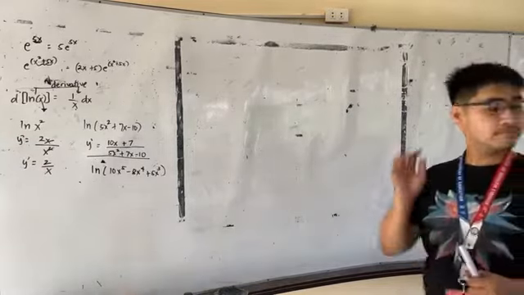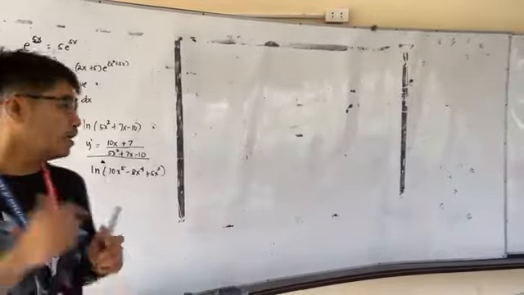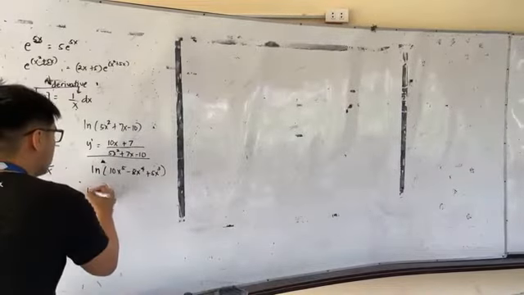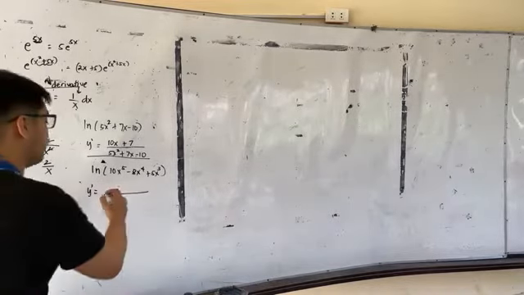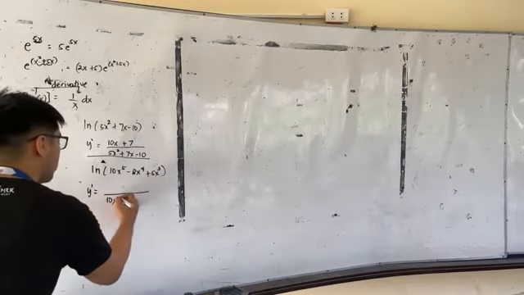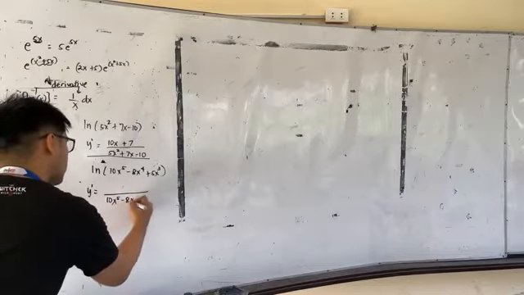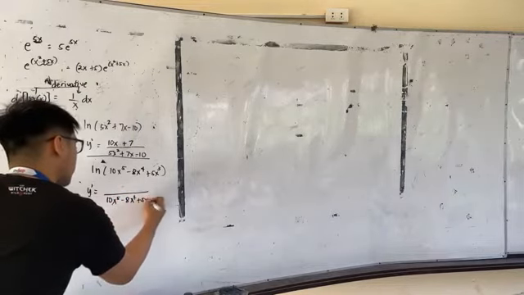Okay na? Again, this is very simple. All we have to do is to copy again the given because that will serve as the denominator of our answer. That is 10x raised to 5 minus 8x raised to 4 plus 5x cubed.